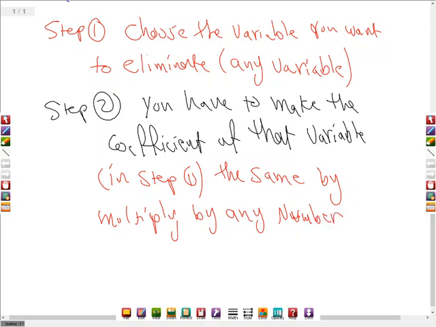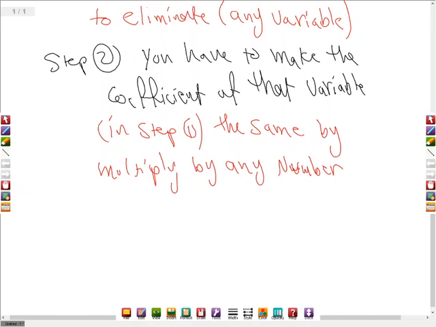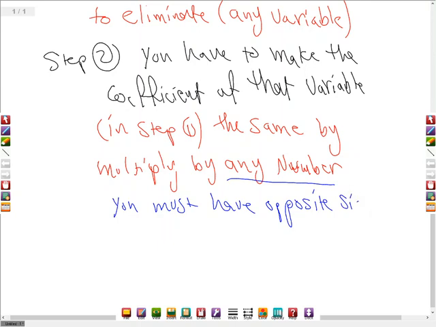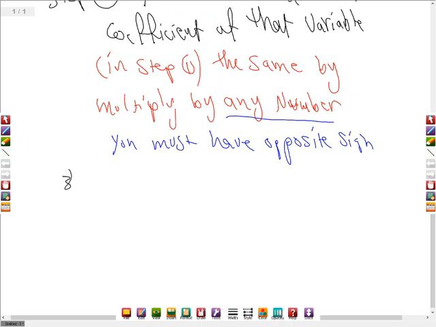When you multiply by that number, you should get the same coefficient in both equations for the variable you want to eliminate, and you must have opposite signs. Step three, add the two equations.